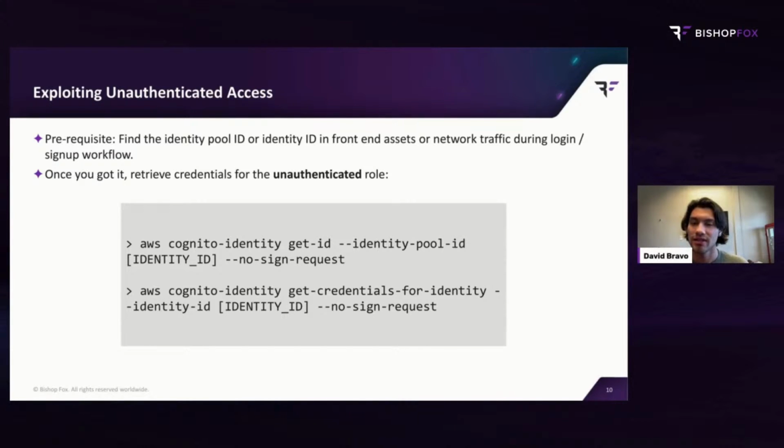So the theory here is all you do is, let's say you have the identity pool ID, you can retrieve the identity ID from the identity pool ID, and then use the identity ID to just get credentials. And this will get credentials for the guest user or the unauthenticated user.